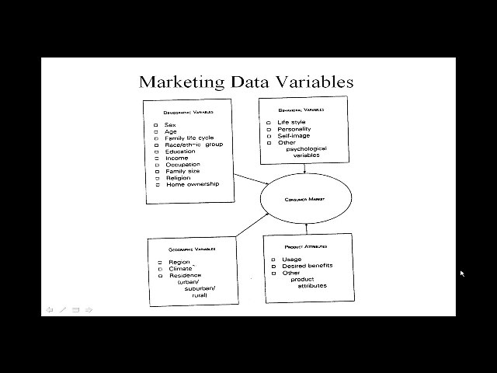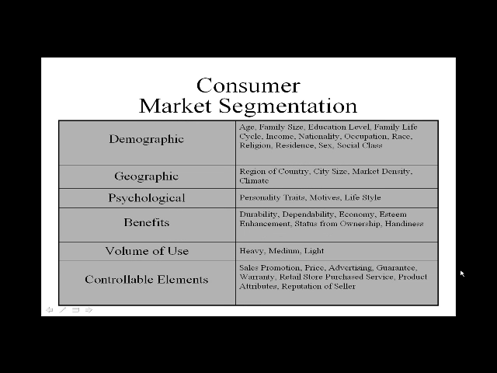Obviously, the product attributes, and we're going to talk about product strategy as the course moves on. Consumer, we also have to look at and segment the market, all right? Again, using those marketing variables that we just talked about, we can relate that to different kinds of markets, consumer and industrial and so forth.